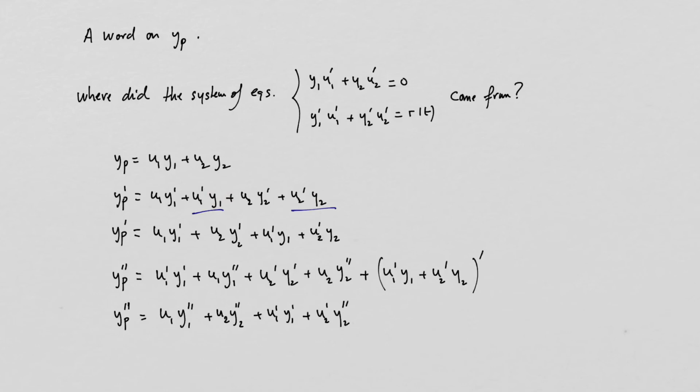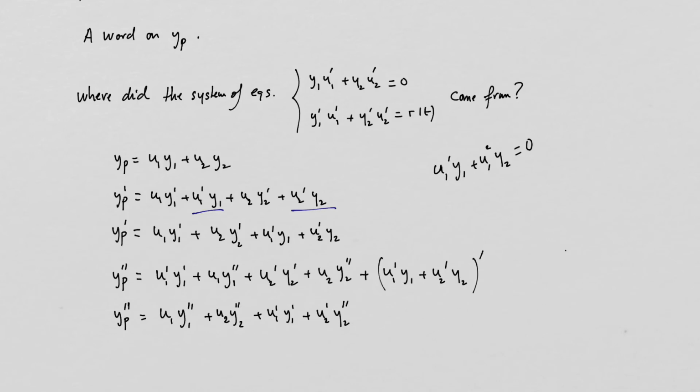So what we're going to do is we're going to force u1 prime y1 plus u2 prime y2 to be 0. So what does that mean? I'm not losing the general case.